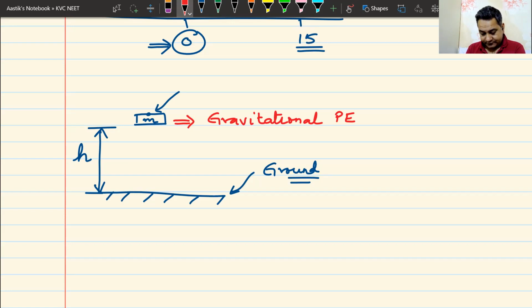I'll wait for a minute so that the students in the class can type. I'll give you a minute to think about how much gravitational potential energy this body has. One minute.